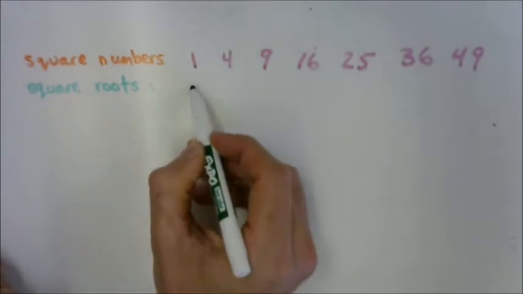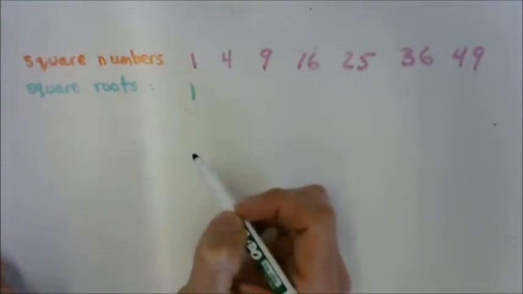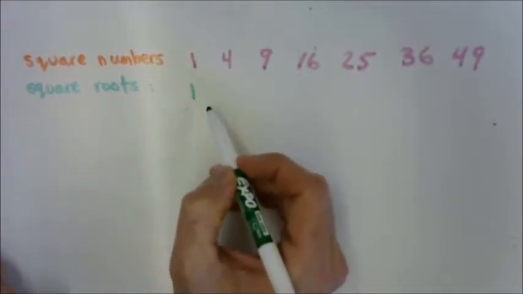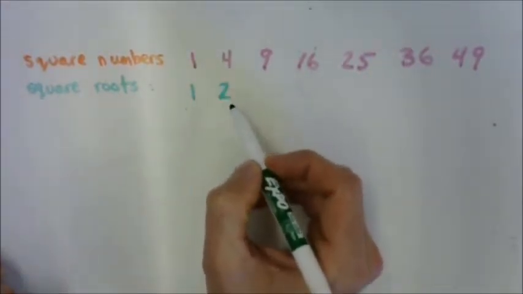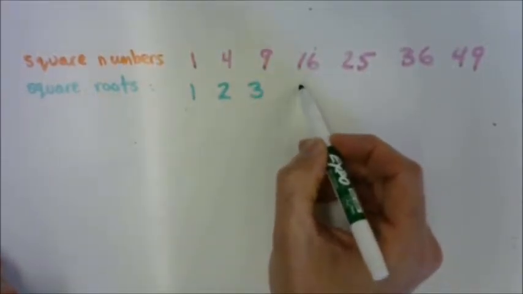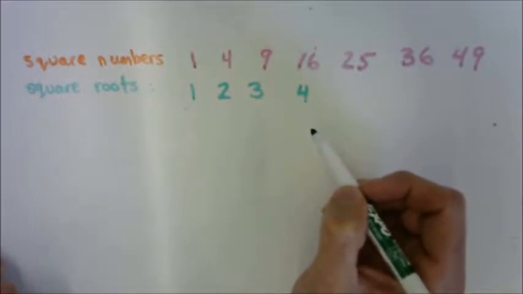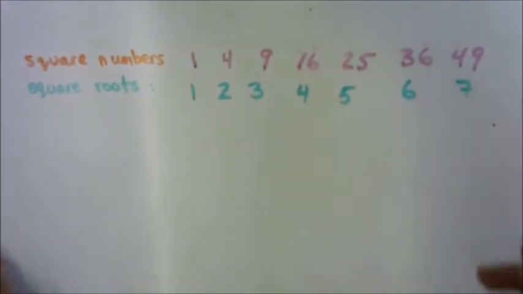So if I take 1 and I multiply it by 1, I'll get 1. What's the next square root? 2. 3. What's the next one? 4. You guys are just counting by ones. Okay, do you know what a square number is now?